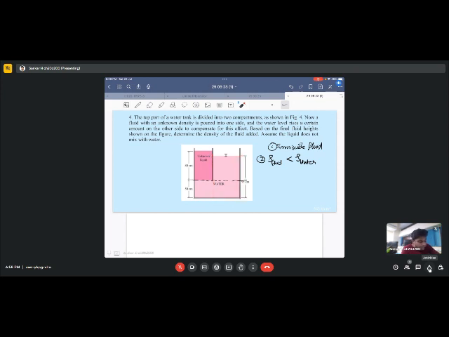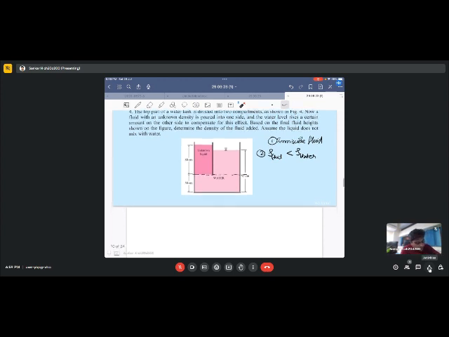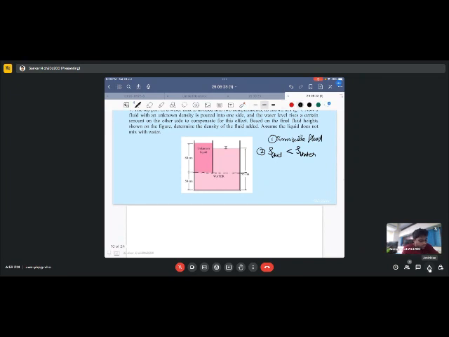The pressure exerted by this much fluid will be the same as the pressure exerted by this much fluid if we consider the bottommost part. And that can be used to find out the density over here.